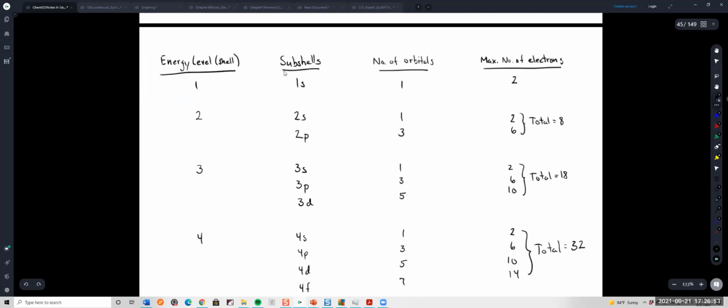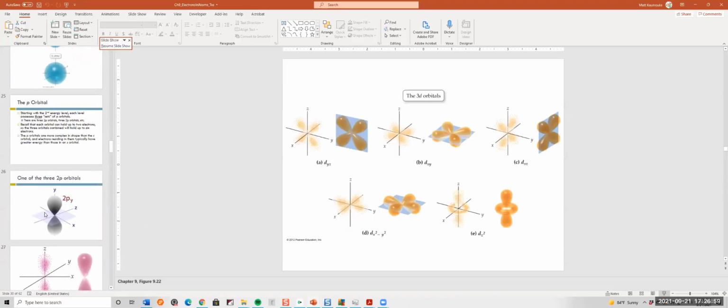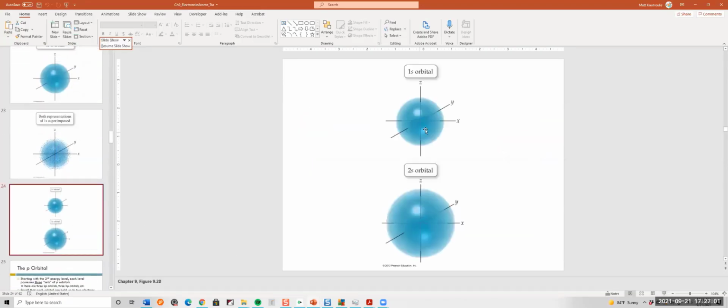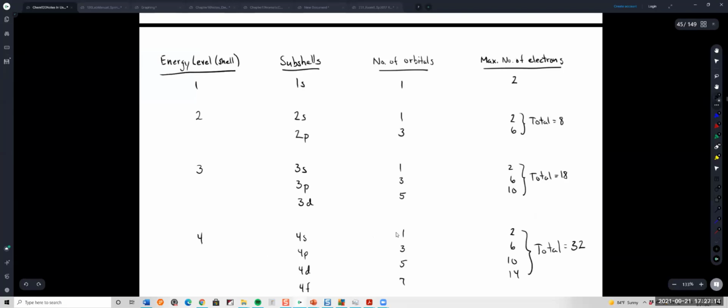What's the difference as you get larger and larger in the shells? As you get larger and larger in the shells, the electrons can start moving further and further away from the nucleus. So what that means is an electron that's in 4s is much more likely to be far away from the nucleus than an electron in 1s or 2s or 3s.